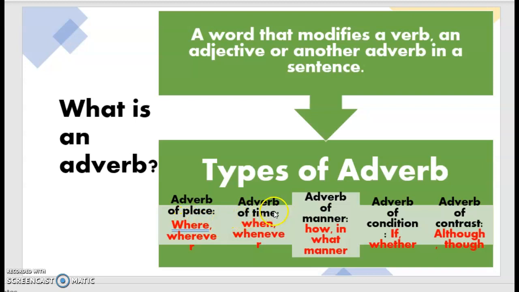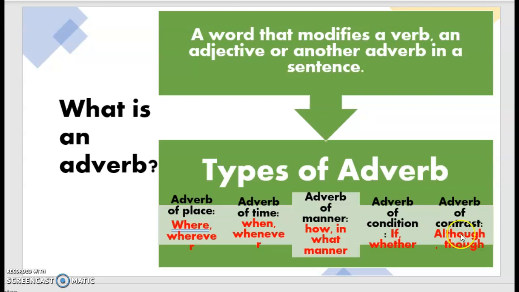So we have adverb of time that answers the question when or whenever. We have adverb of manner that answers the question how, in what manner. We have adverb of condition that answers the question if or whether. And then we have adverb of contrast that answers the contrast opposite.